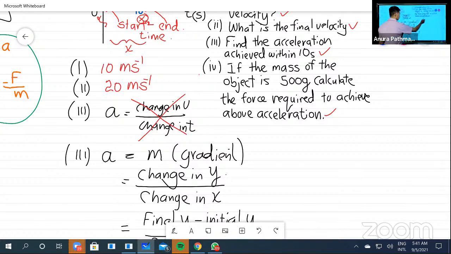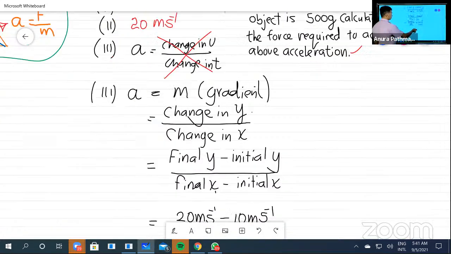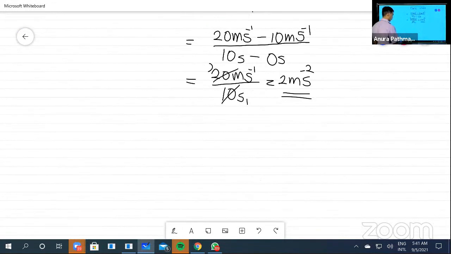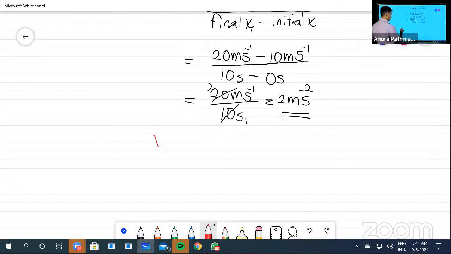Mass is 500 grams. Then I'm going to the fourth question. Excuse me, sir. Yes. Sir, 20 minus 10 is 10. I'm sorry, this should be 10.